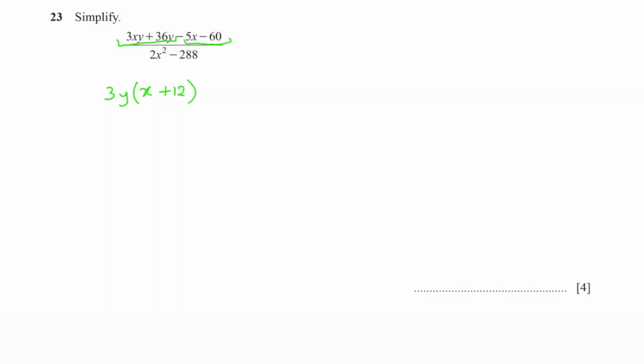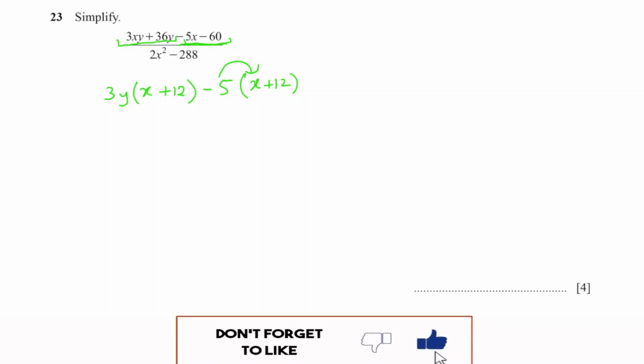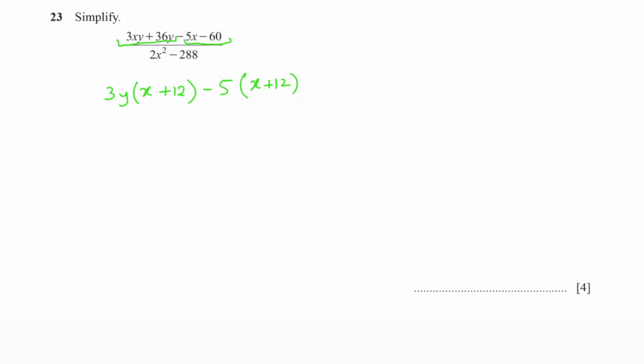On this side I'll take 5 as common, and I'll be left with x plus 12 again, because if you open the bracket you should get the same thing. See, minus 5 into x is minus 5x, and minus 5 into plus 12 is minus 60. Okay, so if you are getting that when you open the bracket, it is right.